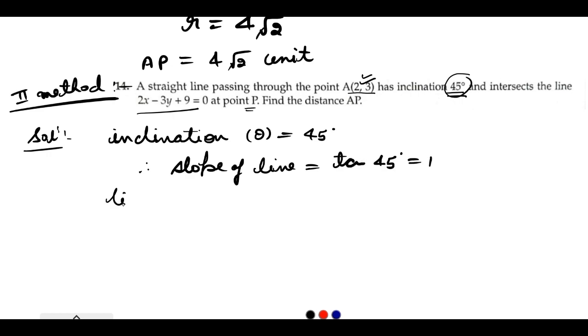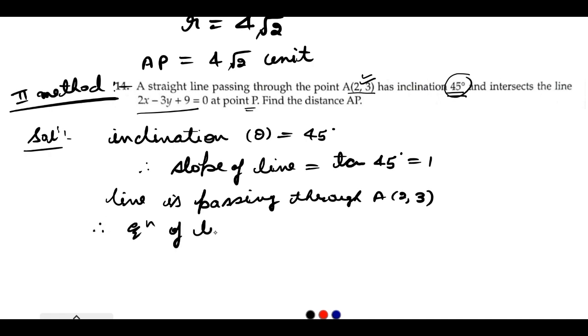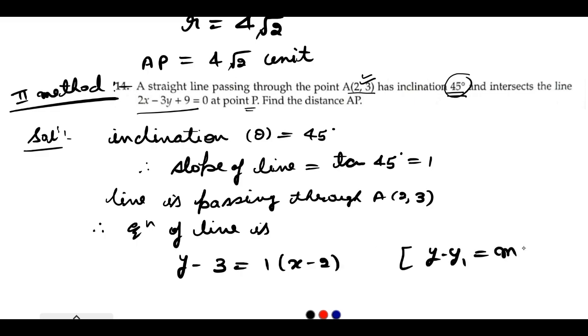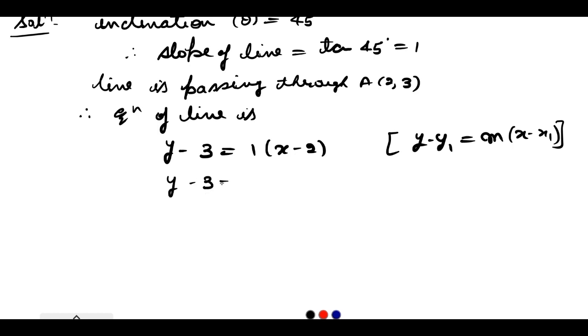Now the line is passing through A (2, 3). Therefore, the equation of the line, by the formula y minus y1 is equal to m times (x minus x1), is x minus y plus 1 is equal to 0.